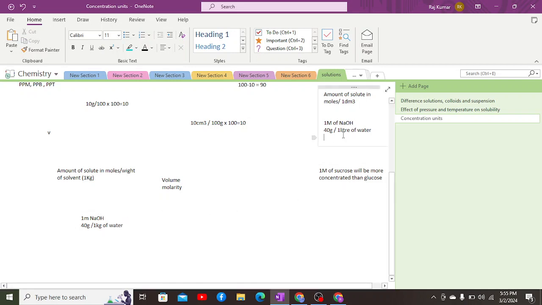Now, if we compare a molar solution with a molal solution, then the molal solution will be considered as having more amount of volume within it, as compared to the molar solution, which is having less amount of volume within it. The reason behind it is that a molar solution involves the amount of solvent in liters or in volume, due to which it is an indirect expression of mass with volume.